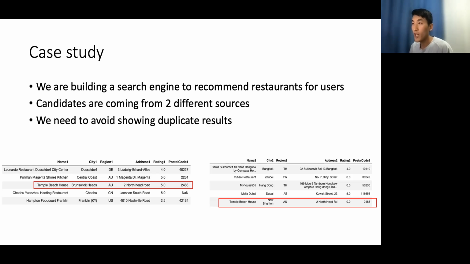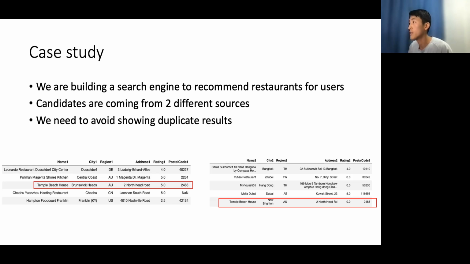Some of them are not overlapping, but some of them are overlapping within your database, like this one, the Temple Beach house, right? So for example, they can have the exact same name, but if you take a look at this example on the city side, they call themselves in a different location, or maybe just a different definition of the city or the location, right?